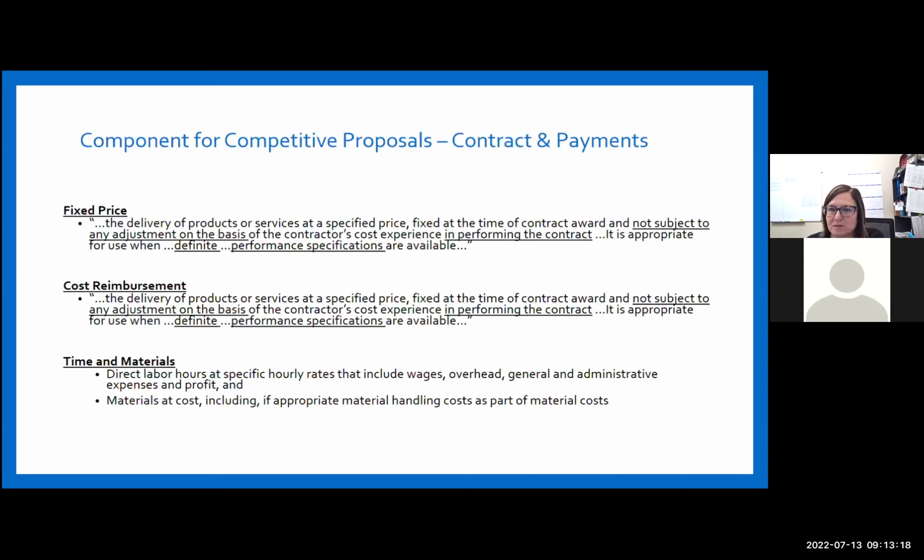So cost reimbursement, which is going to be the majority, if not all, of our contract types. This is when the delivery of the product or service is at a specified price, fixed at the time of contract award, and not subject to any adjustment on the basis of the contractor's cost experience in performing the contract.